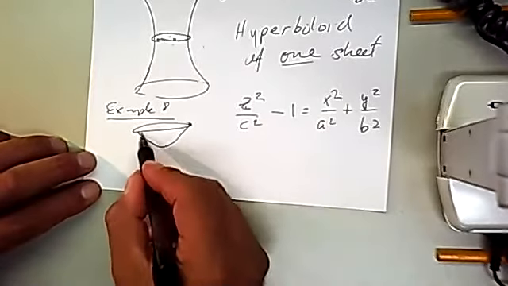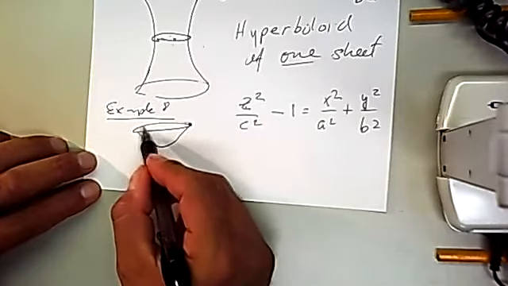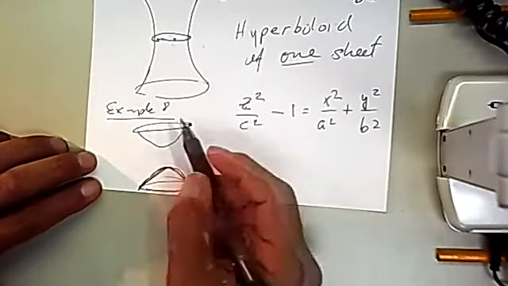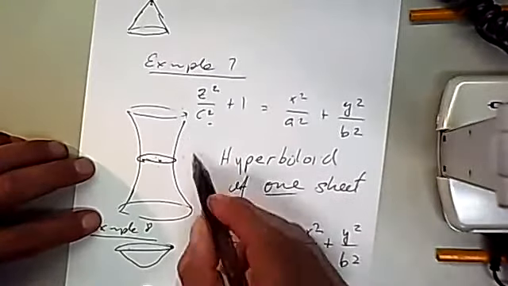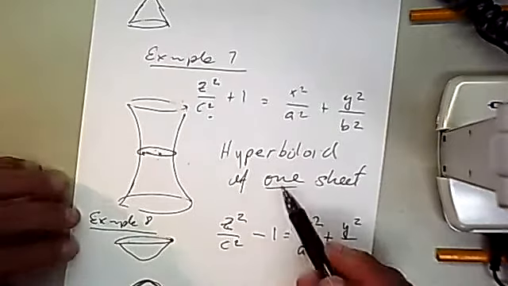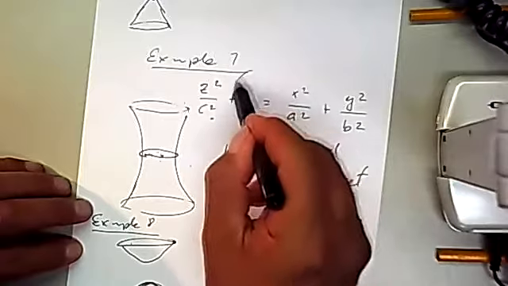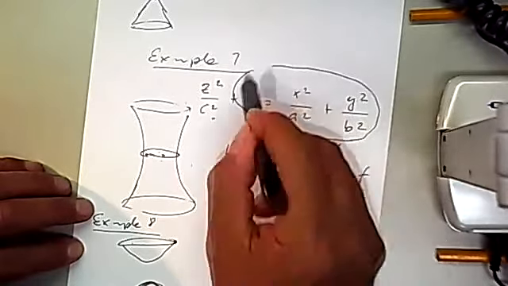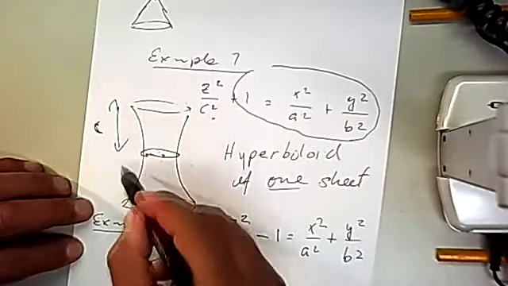On top of that, a cross section of this is not a circle. It would be an ellipse, and so is this one. And down here in this example, in the hyperboloid, we have this ellipse as a cross section once the height becomes c, and the same thing on the other side.